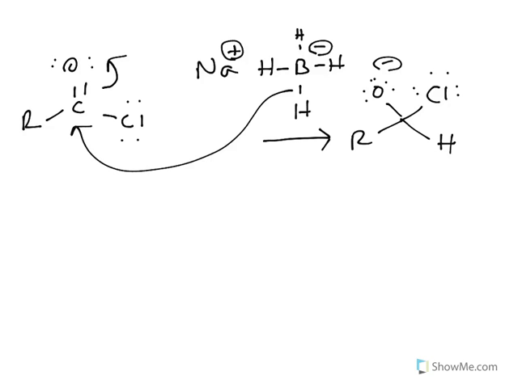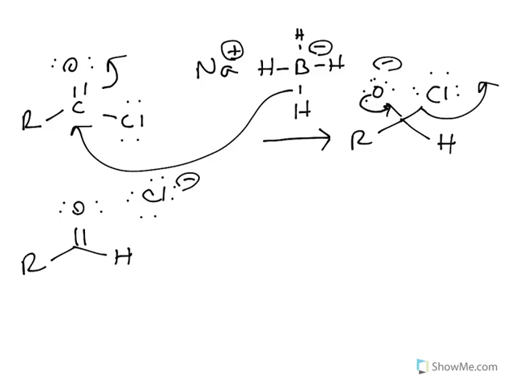Now, the main difference between the reduction of an acid chloride and the reduction of an aldehyde that we'll see shortly is that you have a leaving group here. This is why we call it addition followed by elimination. You have this leaving group. We're going to kick off the chlorine. All right, chlorine's gone.